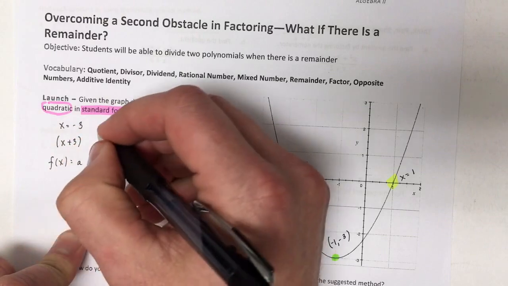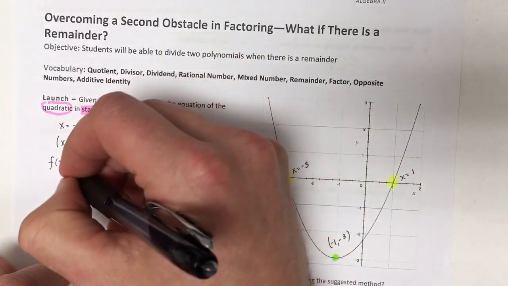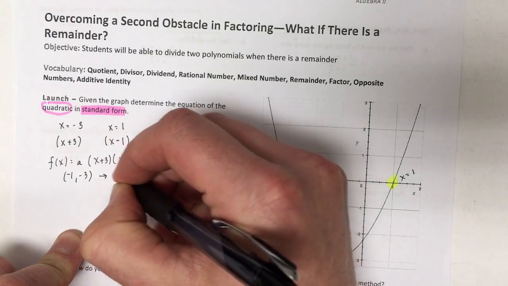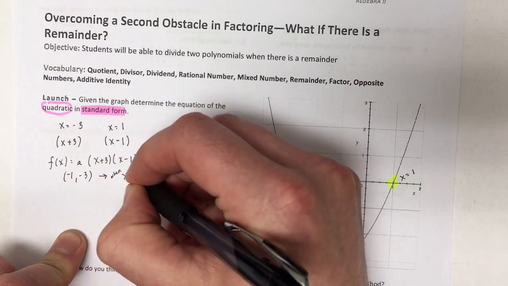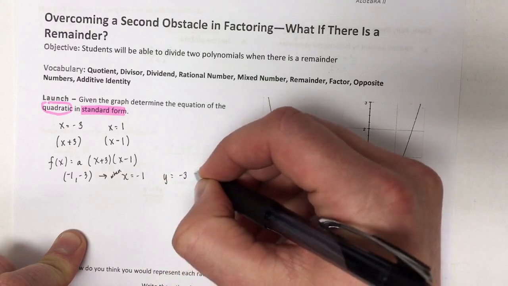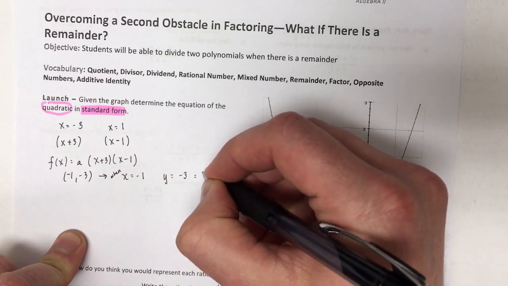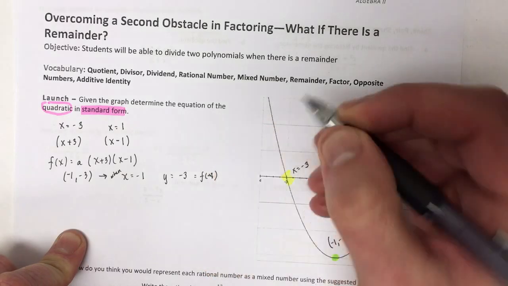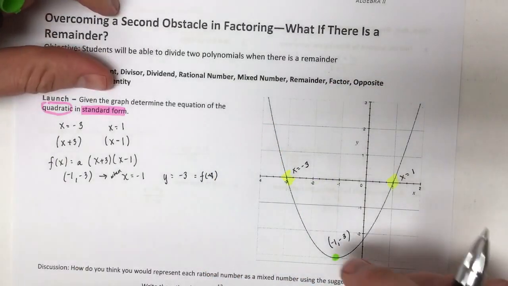I know that I'm looking at the point (-1, -3), and what that really ultimately means is that when x equals -1, y is equal to -3, and we have to remember that y is the same thing as f of x, so this is when x is -1, so f of -1.